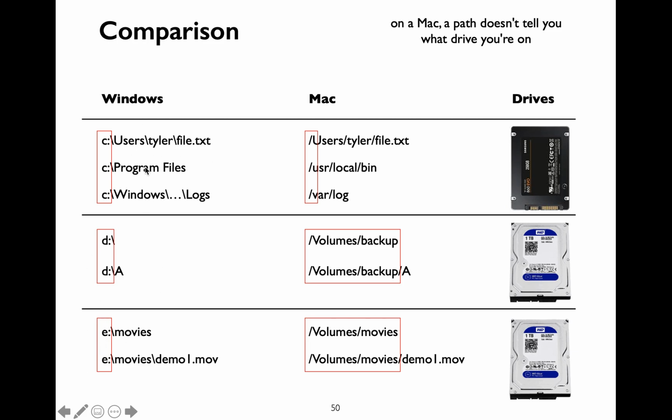And then after that, you can have any number of directories and file names. So how can you differentiate between various disk drives on a Mac if you don't really have a drive name?